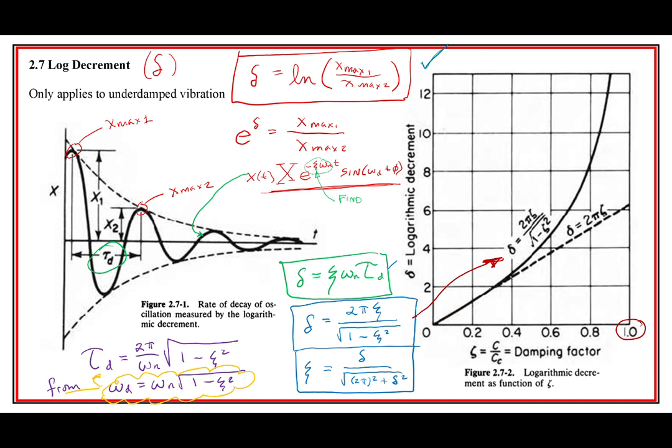We could also note that right around in this vicinity and downwards, it becomes sort of a straight line, a linear type of thing. The thing on the denominator starts getting closer and closer to 1, so what you have on the numerator becomes just a straight line relationship between the log decrement and the damping factor, with a slope of about 2 pi.